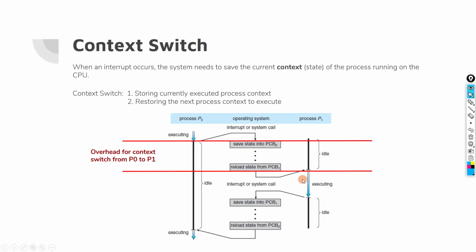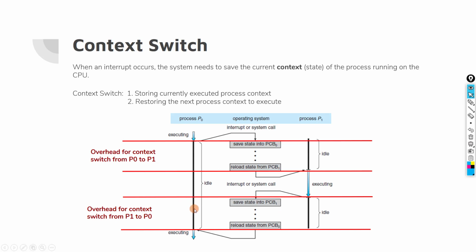Again, if we follow the timeline, you can see that process P1 is executing, and after some time the scheduler decides that P0 should start executing again. To do that, the operating system stores the currently executing P1 into PCB1, and reloads the content of P0 up to which it was executed, from PCB0.